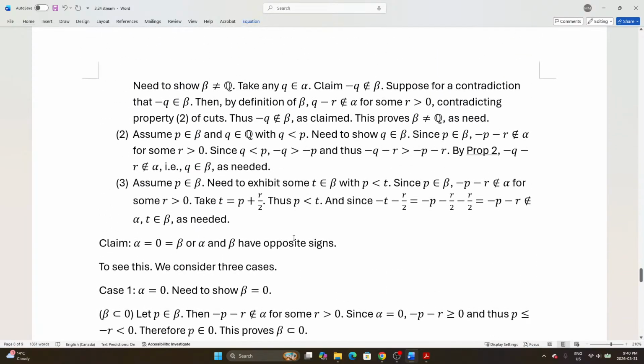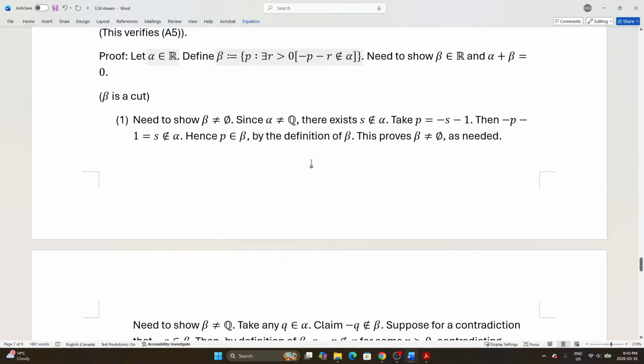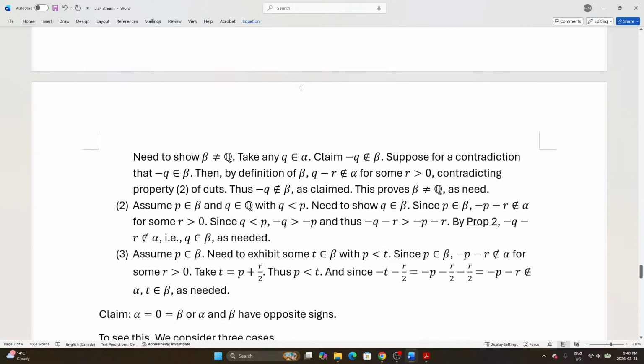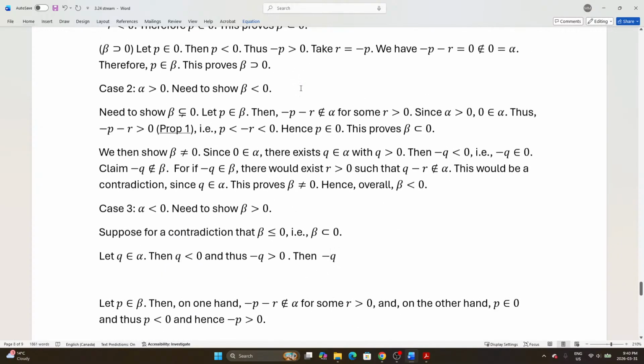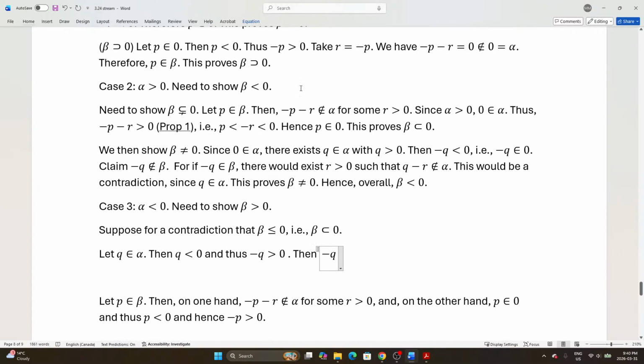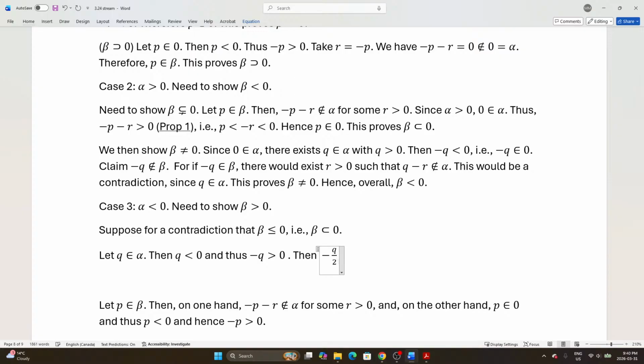I'm getting tired actually. I'm getting slower and slower, sorry. If q is greater than zero, so half q is greater than zero.